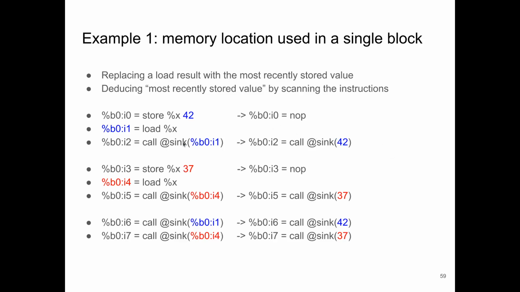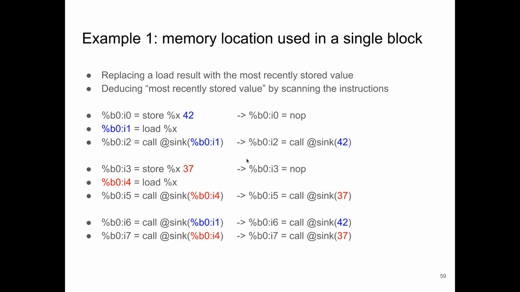Similarly, in the next instructions, we are going to store 37 and load it and use it as the argument of the function call. And again, we expect this argument to be replaced with the stored value here, 37.